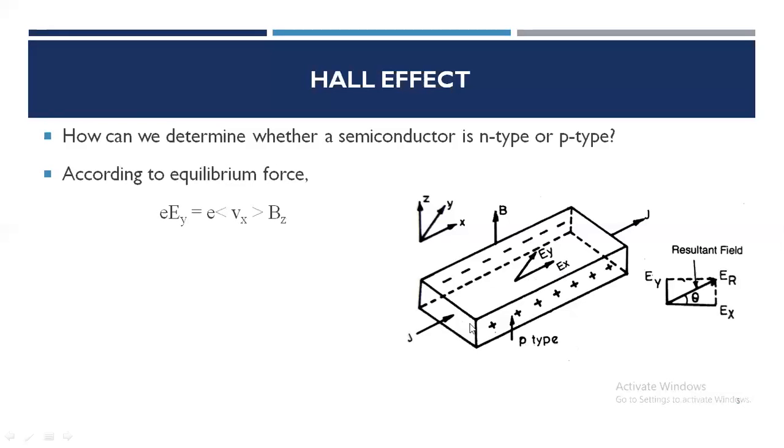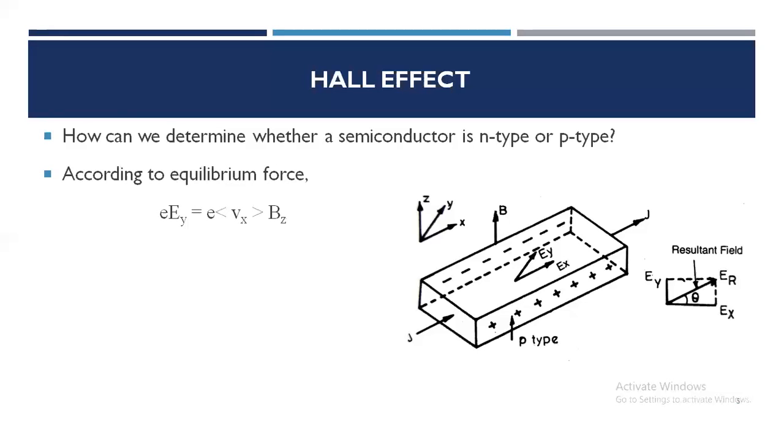Due to the presence of Ex, the carriers, assumed to be holes, will drift with the average drift velocity, that is Vx, the drift velocity in the direction of x.